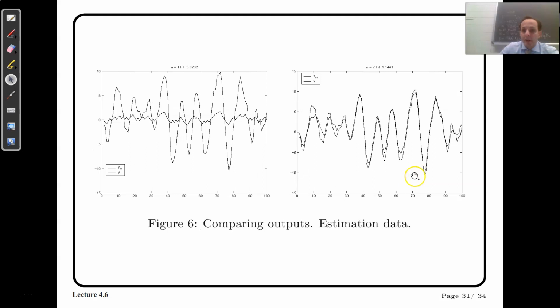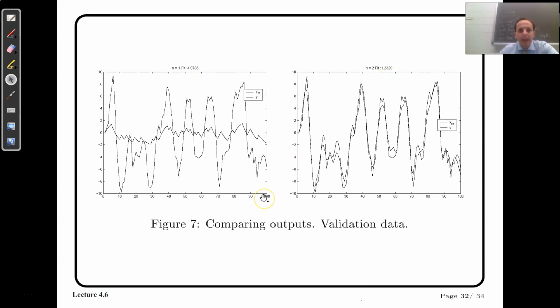prediction error is white. Or you can also compare the simulation. In this case, you can see that the simulation is very bad for order n equal to 1, but it's quite good for n equal to 2, even if it is not perfect, and the cost function is higher here with respect to this value.